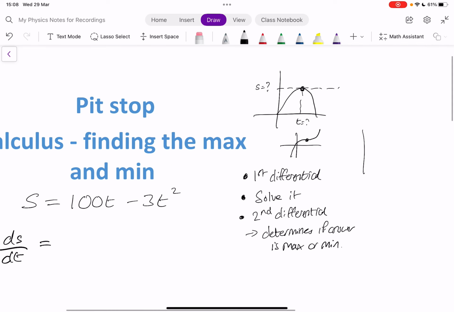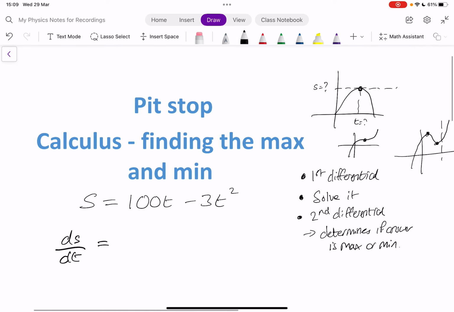Sometimes you can have functions that look a little like this, and you can have local maxima and minima, but it's not actually an overall maximum or minimum. If the function you've got is only valid, let's say, up to this value of time, or whatever's on the x-axis, then this would be a maximum, and that potentially would be a minimum, and that would still work out. Either way, the process of finding these is no different.